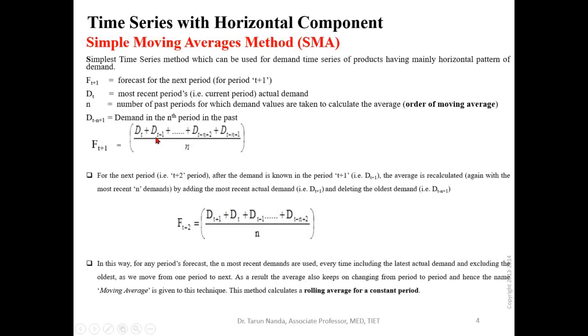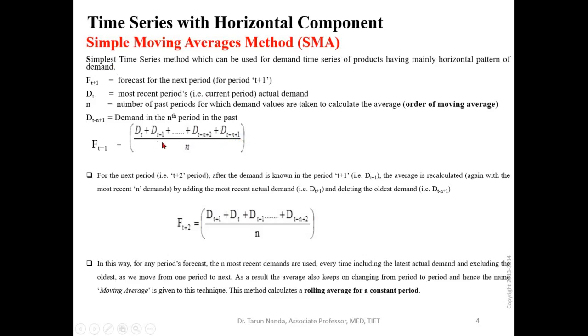So for the first most recent period, the demand was dt-0. For the second period it was dt-1. Similarly, for the nth period it would be dt-n+1.